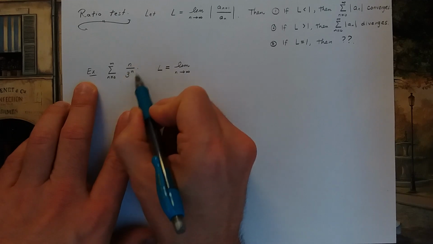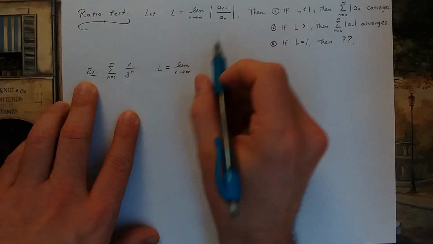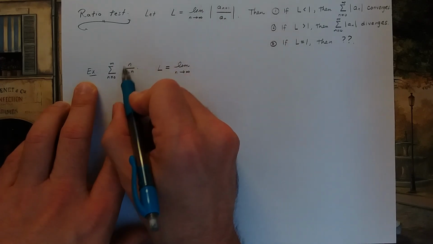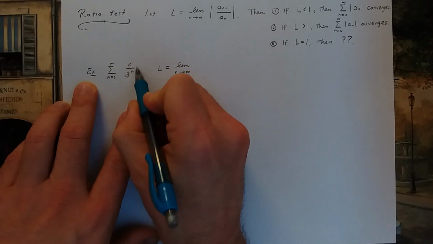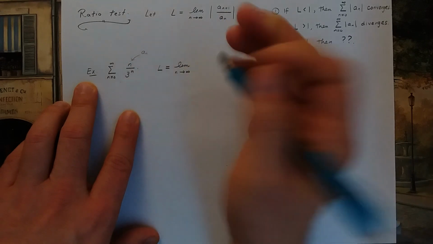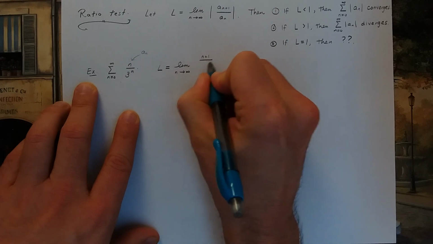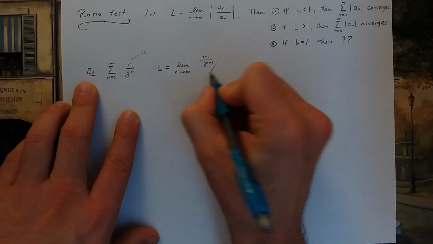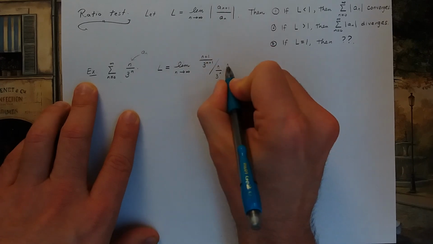In this example, the terms are already positive, so I don't have to worry about the absolute values. I'm going to plug in n plus 1 wherever I see an n. These are my terms a_n. So I get n plus 1 over 3 to the n plus 1 power, and I'm going to divide that by the nth term, which is n over 3 to the n.